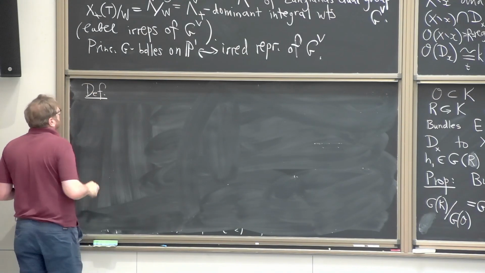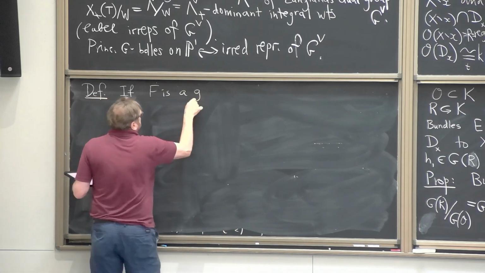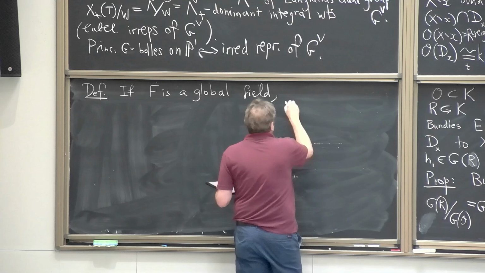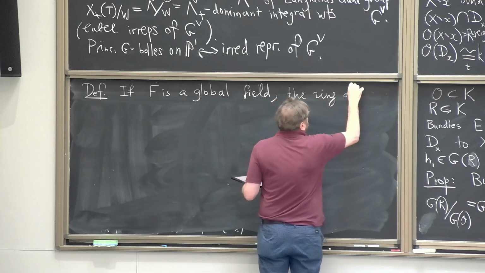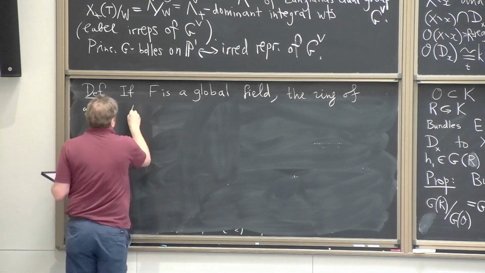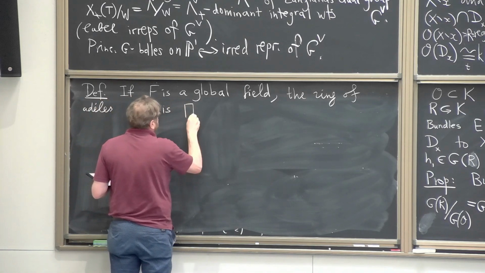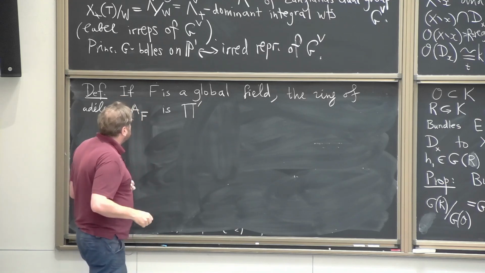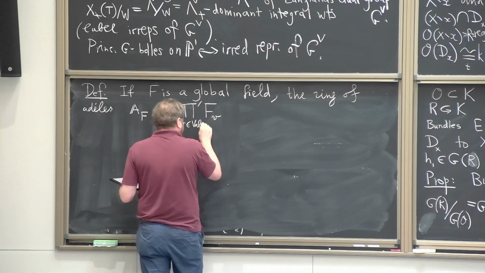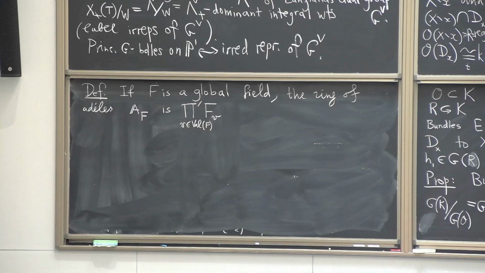So definition: if F is a global field, then the ring of adeles A_F is this restricted product of F_V, where V is in valuations of F. Over global fields of characteristic p, they all have this form.